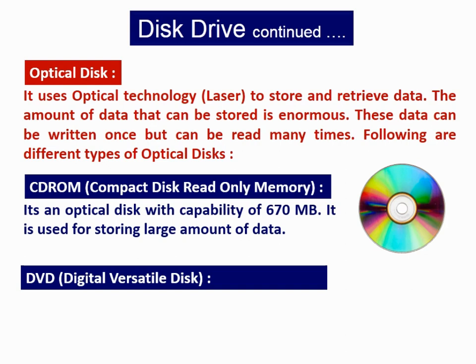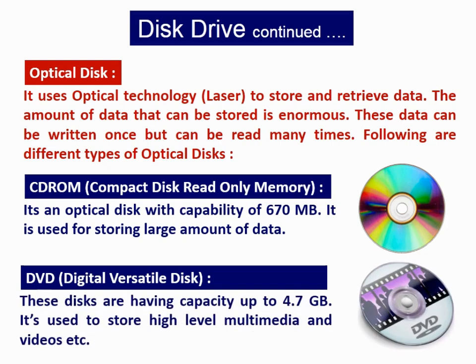After this came the digital versatile disk, DVD. These disks have a capacity of up to 4.7 gigabytes. It is used to store high level multimedia, videos or movies, etc. You all know nowadays that CD-ROM and DVD are very popular.